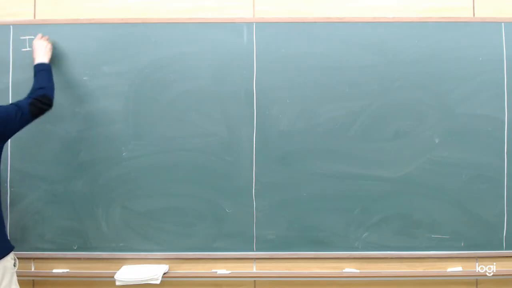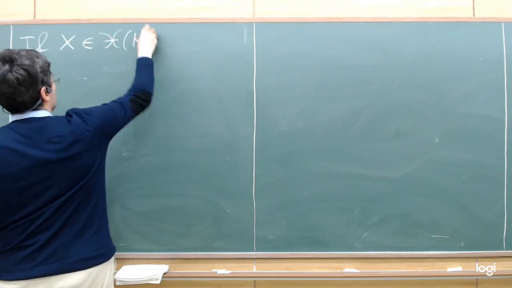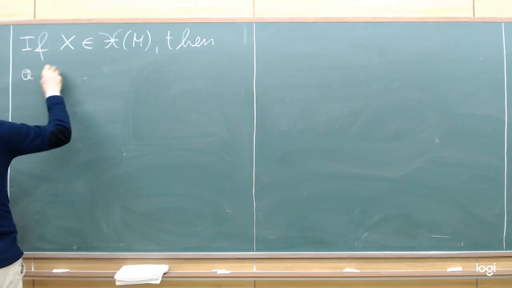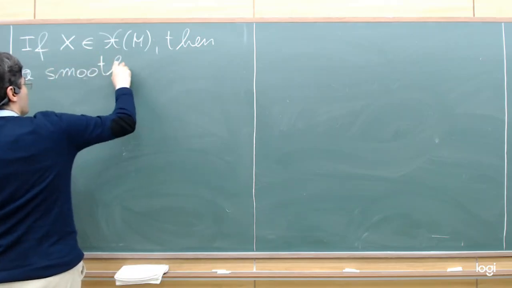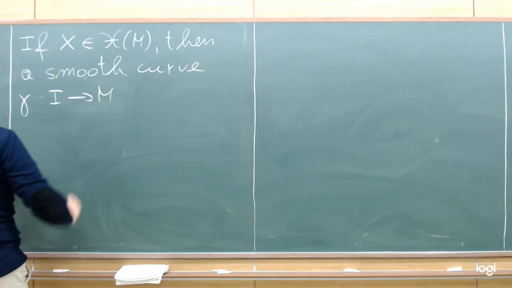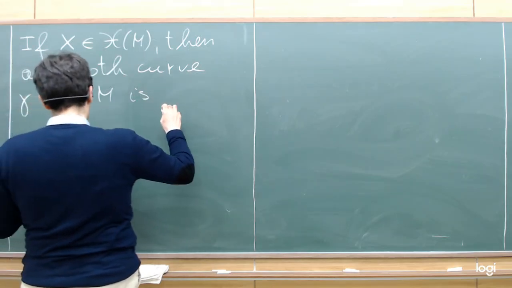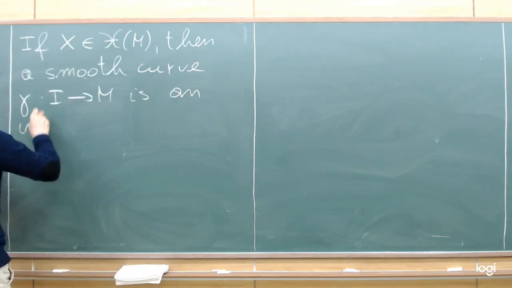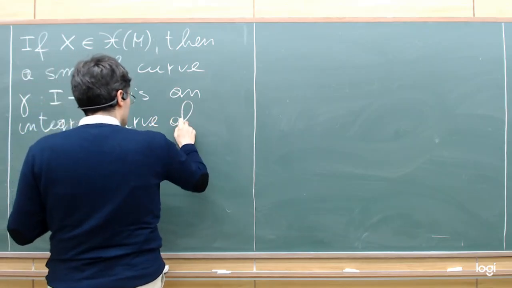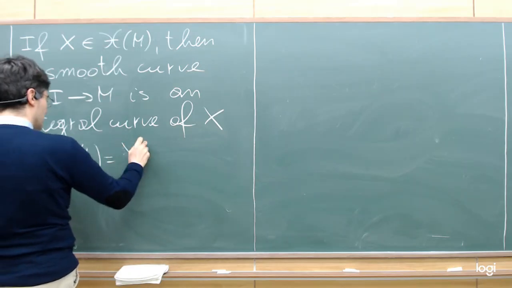Suppose that X is a smooth vector field on a manifold M, then a smooth curve gamma defined on an interval I with values on M is an integral curve of X if gamma prime t equals X at gamma t.